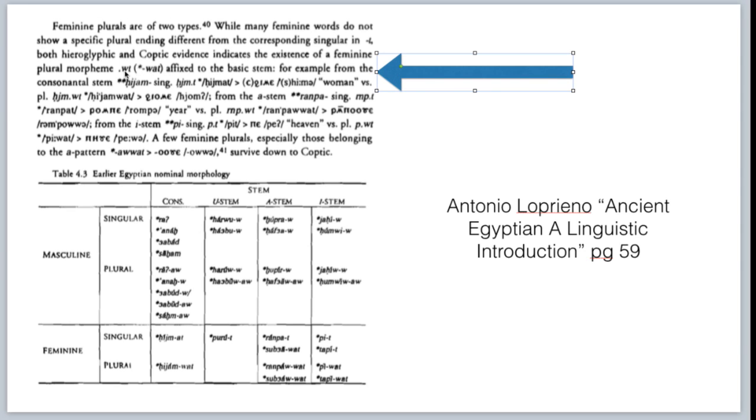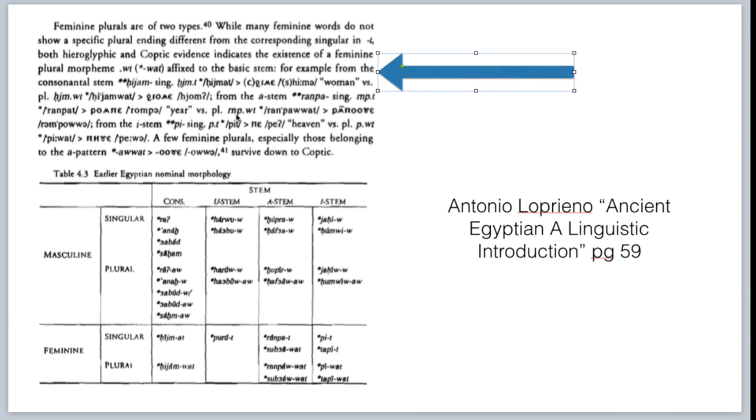He gives an example: Hemet for woman versus Hemwet for women. Woman versus women, or wife versus wives. He gives several different examples. Renepwet for the plural of years, and renpet for singular year.